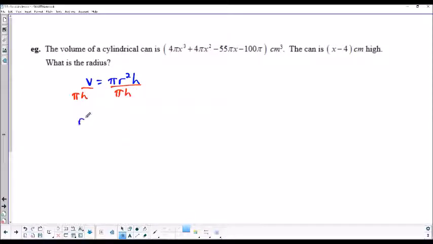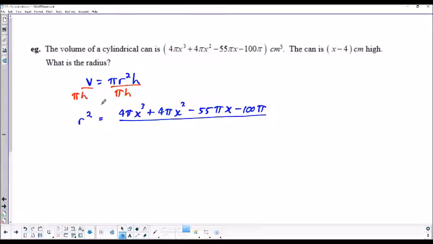So we've got radius squared equals 4 pi x cubed, here's the volume, plus 4 pi x squared minus 55 pi x minus 100 pi, and that's all divided by pi h, and h is x minus 4.